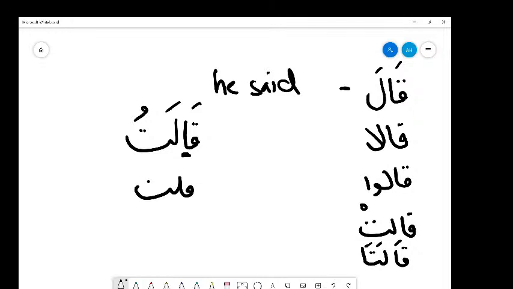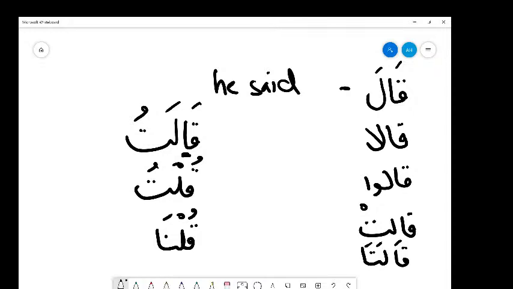So it becomes qultu. Like Allah says in the Quran, right? Ma qultu lahum illa ma amartani bihi. That Isa alayhi salam said that I only told them what you told me to tell them, right? Qultu. So it's not qalatu, it's qultu. And the same thing for us, we said. It's not qalana, it's qulna.